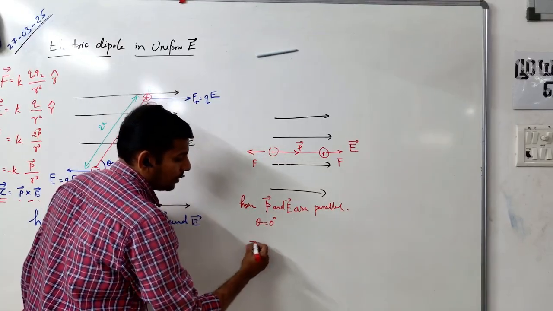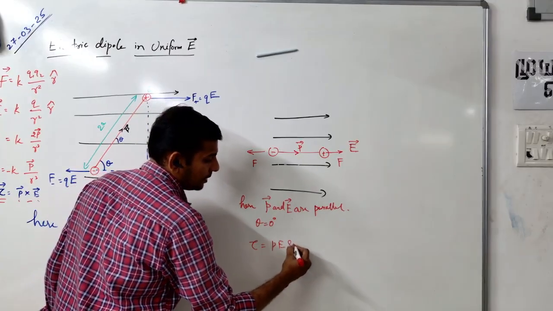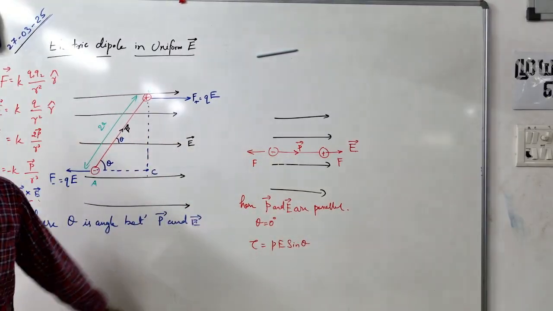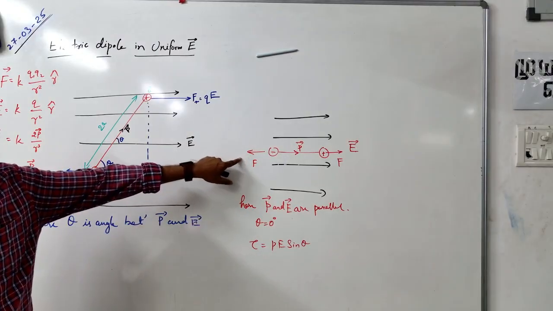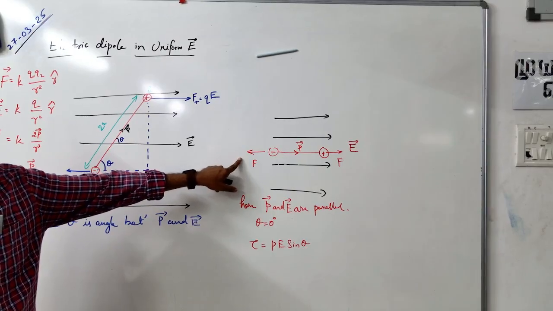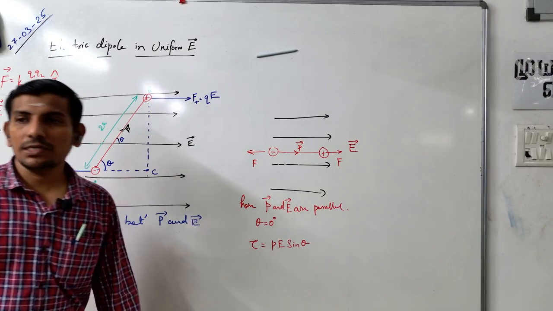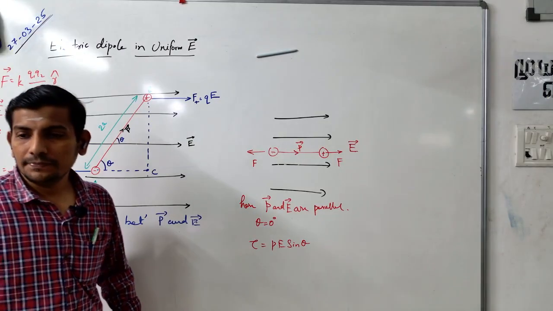If you substitute the value, torque tau is equal to P E sin theta. So how much should be the torque now? 0. We call this condition the stable equilibrium condition. Write down.